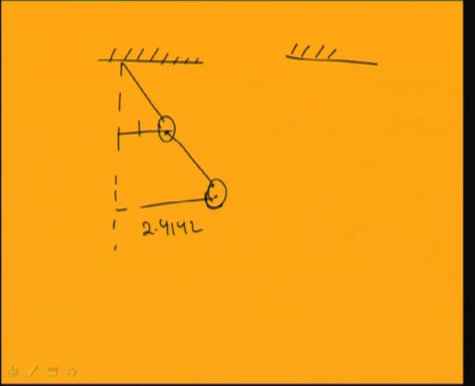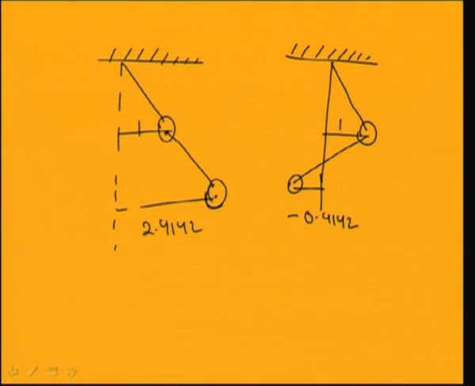And for the second mode, when this is equal to 1, you can see that this becomes minus 0.4142.